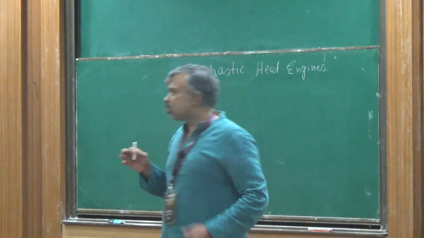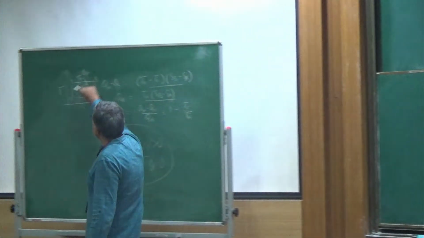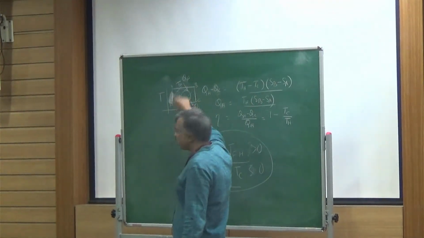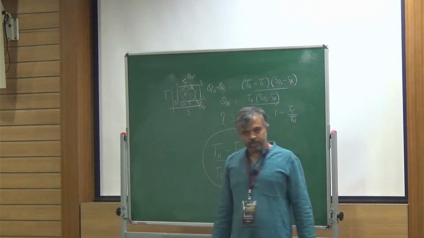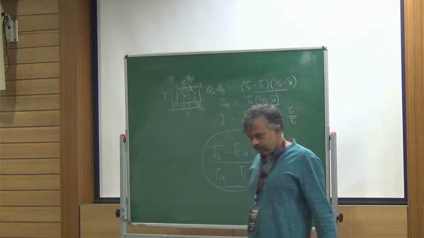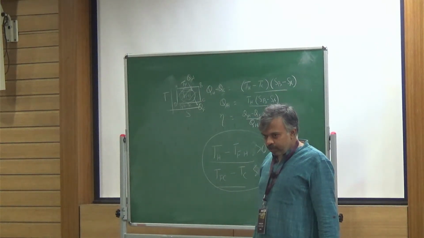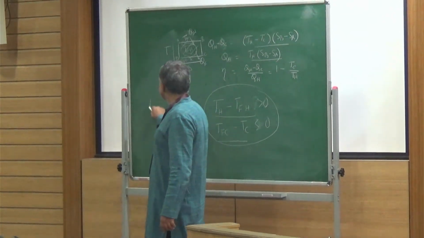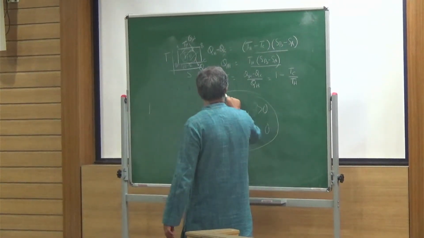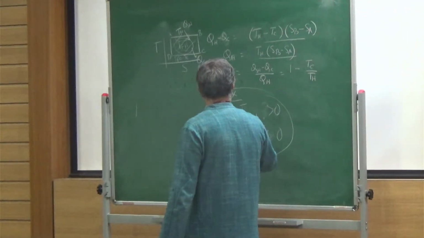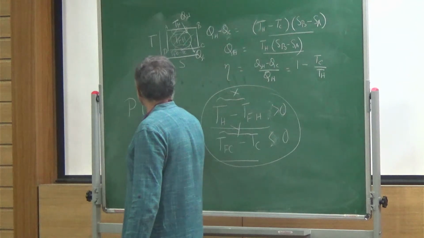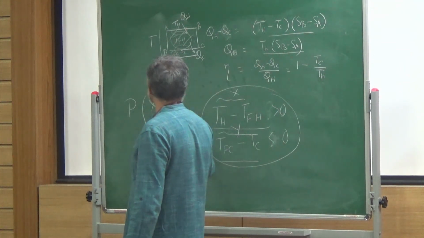Okay. So if we assume that the entropy of the fluid is not changing over the cycle, that is where the irreversibility comes in. Okay. Then you can calculate. So if this parameter is say x, this parameter is say y, then you can write your power in terms of x and y.